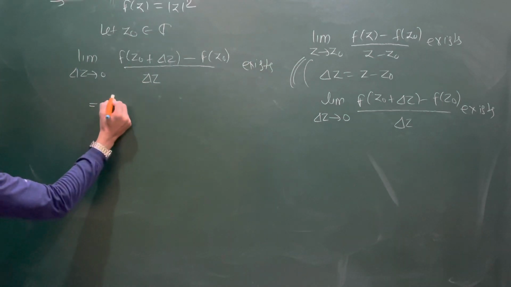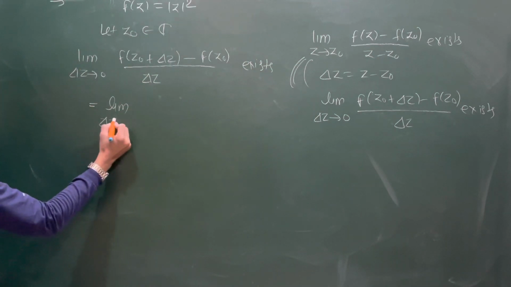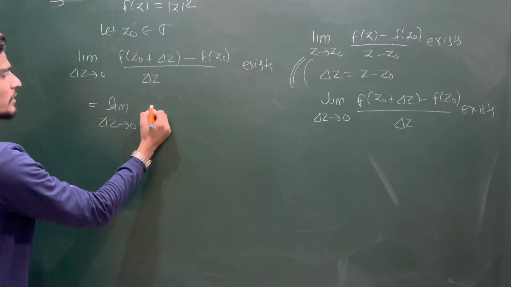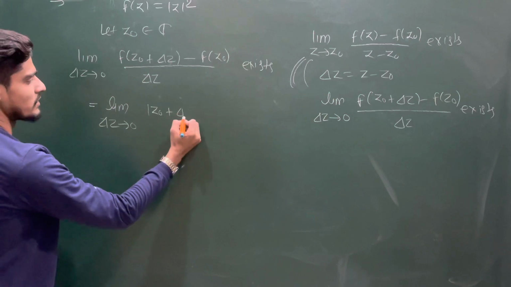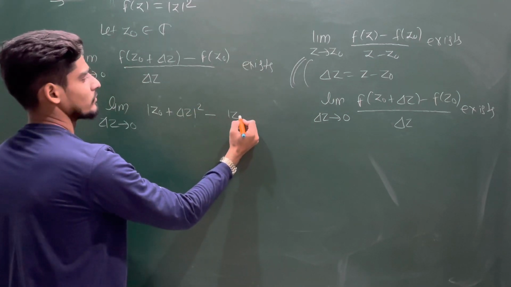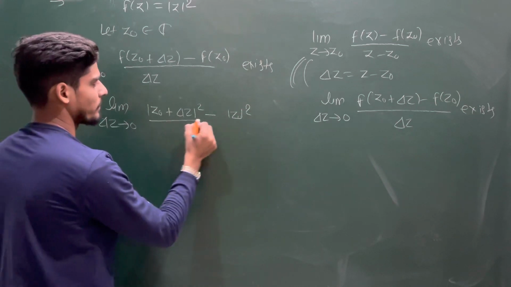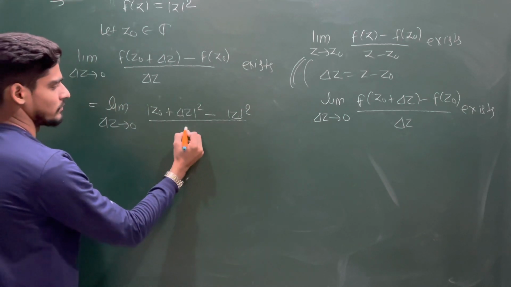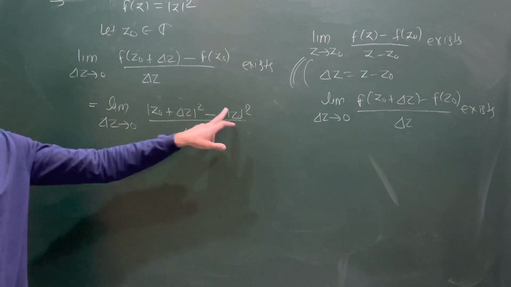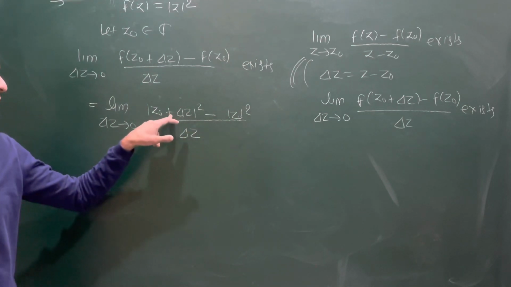So it will be the limit as del z approaches 0 of f(z naught plus del z), according to this function, this will be mod z naught plus del z square minus mod z naught square upon del z. Now you can use the a square minus b square formula, or you may open this formula.